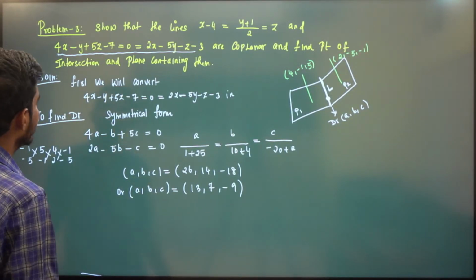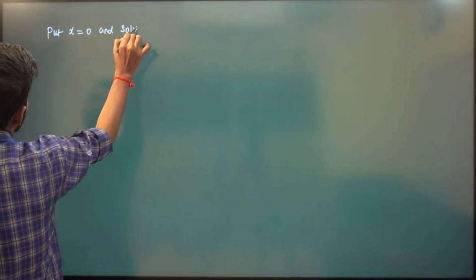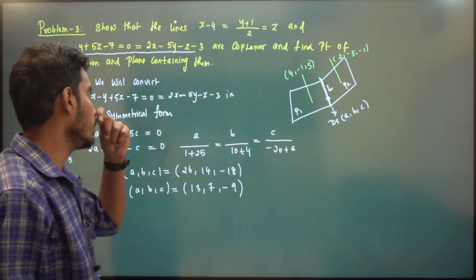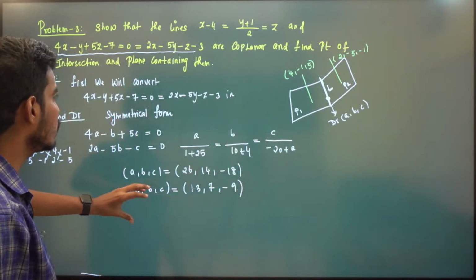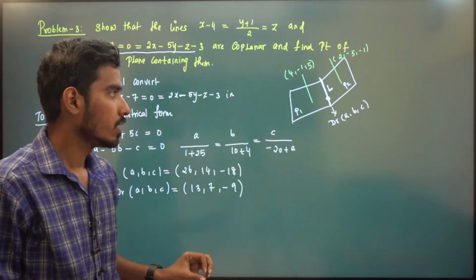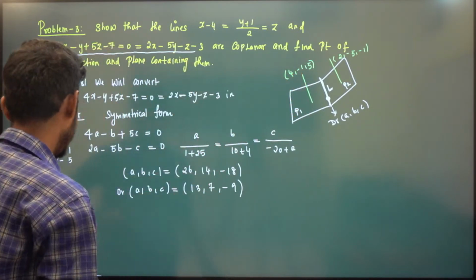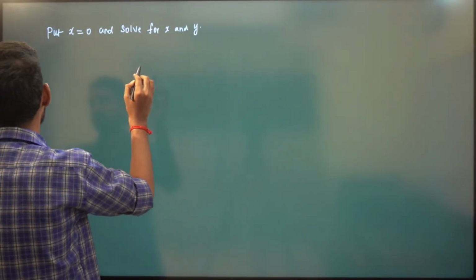So let us take x equal to 0 and solve for y and z. Actually, it is very simple. We know x2 minus x1. Okay, let us do it like this: solve for x, and solve for y and z.